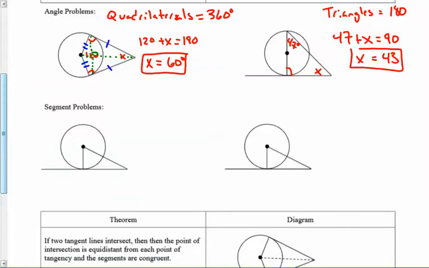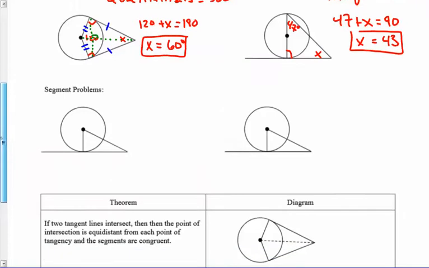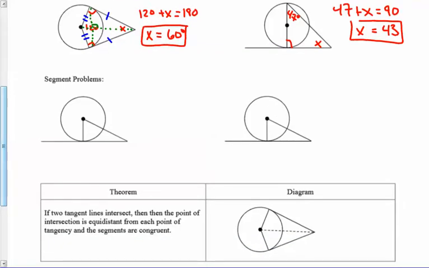Types of segment problems is that you can tell me whether or not, if I tell you that this is tangent, if I tell you that that's a tangent line, then you know this is a right triangle. So if I call this 5, and I say this is 12, and I ask you for this little piece on the outside.